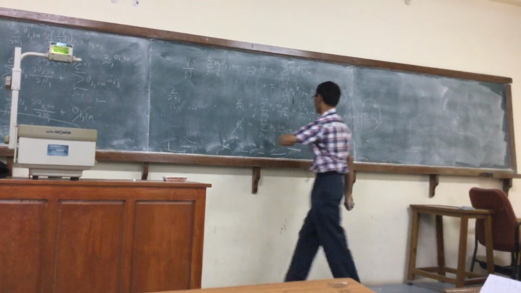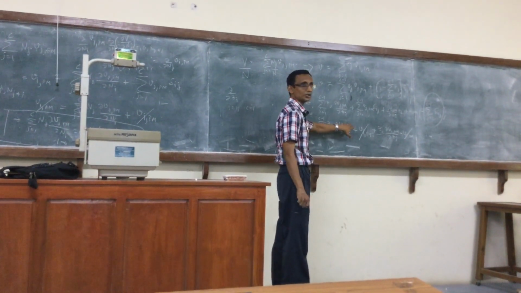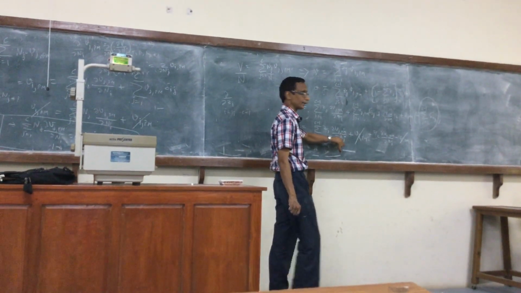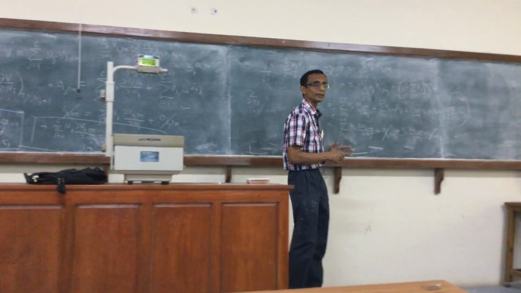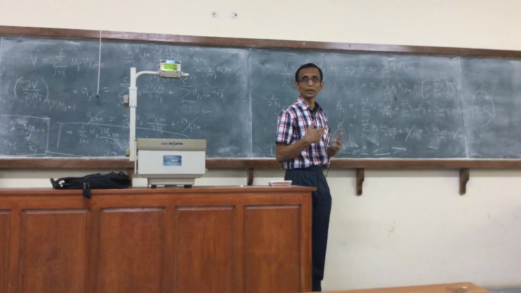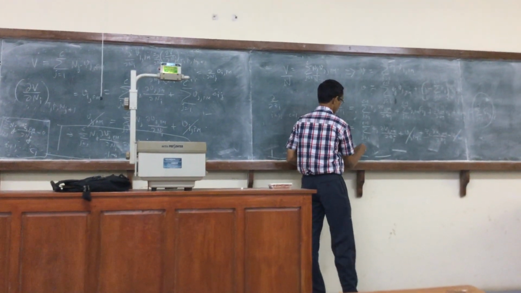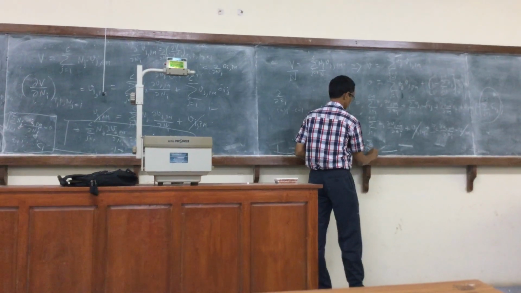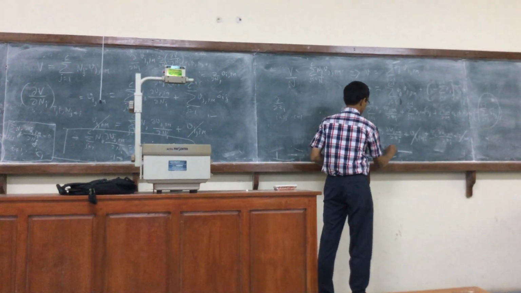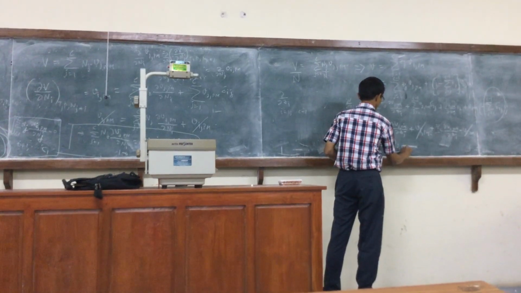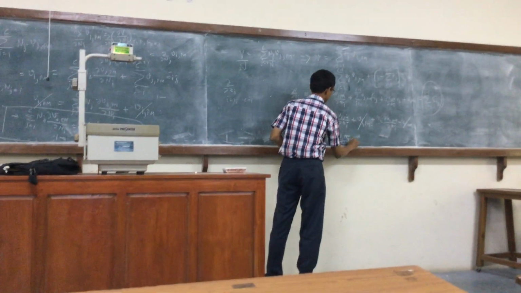Now I have sum over j equal to 1 to c minus 1 Zj dBj PM by dzi. I have Zc dBc PM. So now I can put them together. Rather than writing as 1 minus sum over j equal to 1 to c minus 1 Zj, I can now write this as sum over j equal to 1 to c Zj dBj PM by dzi is equal to 0.